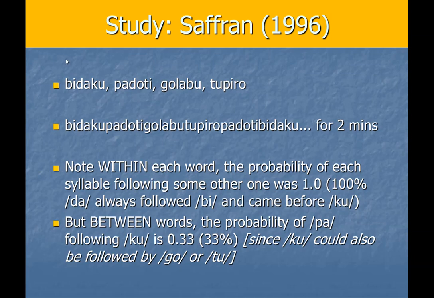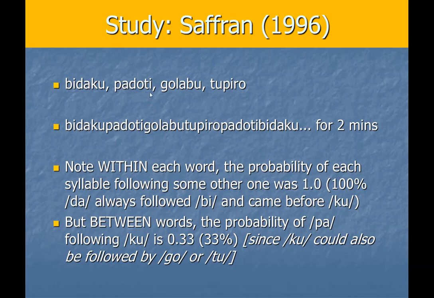The da syllable in the middle here, in this entire language, only shows up after the bi syllable, and it always, 100% of the time, shows up right before ku. So you'll only hear that da sound after a bi and before a ku.